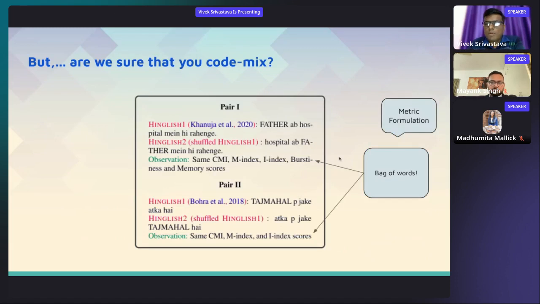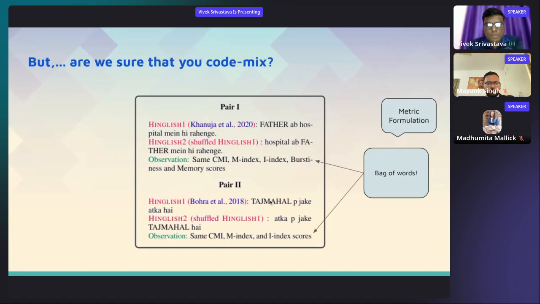So there are a couple of examples that we try to understand under each of these categories. For metric formulation, if you pick any example from these data sets and just randomly shuffle the words, what will happen is majority of these metrics will say that the same score is being assigned. So if you look at the second sentence, it doesn't make any sense. It's just more funnier than what the situation is.